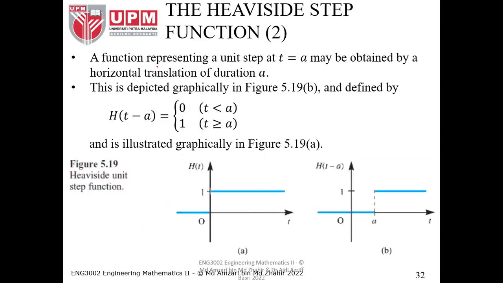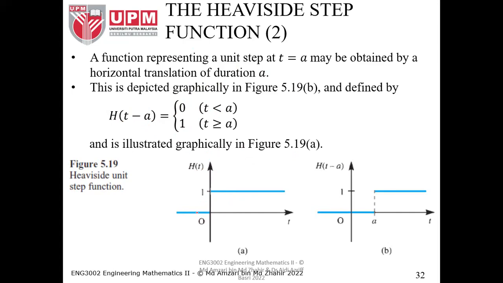For example, a function representing a unit step at t equal to a may be obtained by horizontal translation of duration a, as depicted in this picture. For example, H(t minus a) is 0 for t lower than a and 1 for t higher than a. So what happened, for example, Figure 5.1a shows the normal H(t minus a), which is 0.